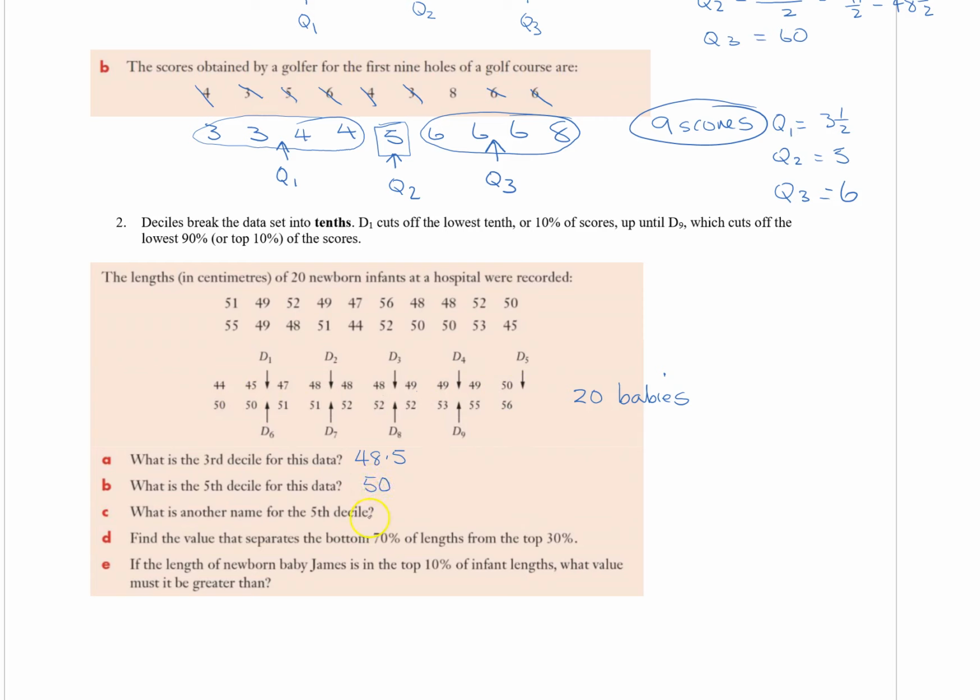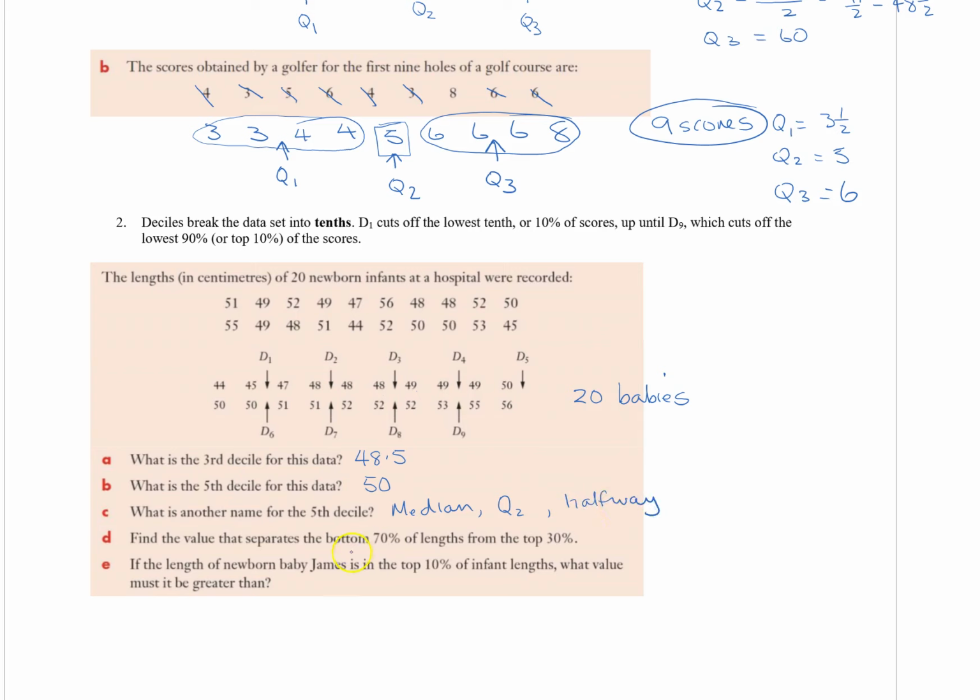What's another name for the fifth decile? There's a couple of names you could call it. It's right in the middle, so it's the median, or we could call it Q2, or we could call it halfway.